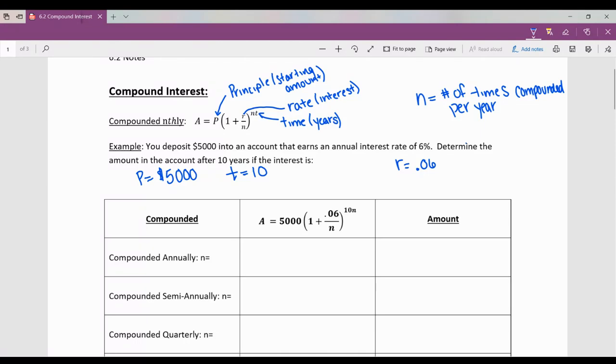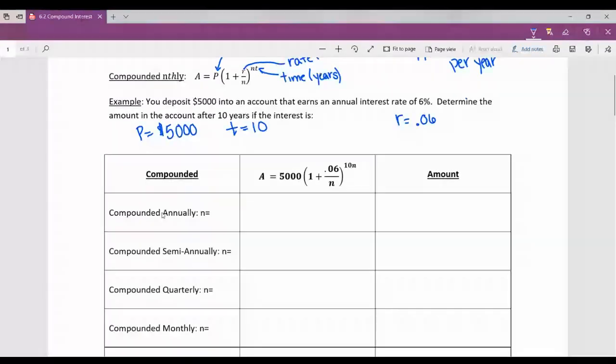Compounded annually means it's going to happen once every year, so my n would be 1.